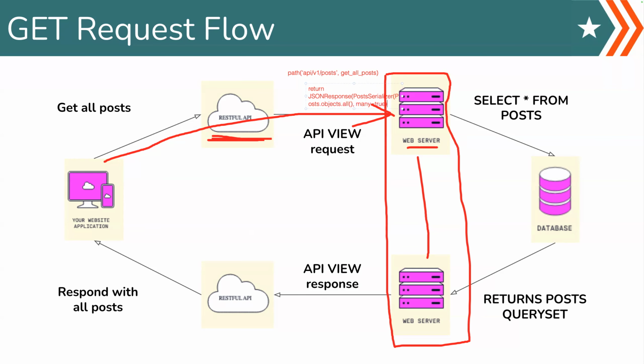This is a preview of the code that we're about to write, where we can use that post model to grab all of our posts and pass it into the serializer. The serializer turns it into a dictionary, and this all happens inside our view function.